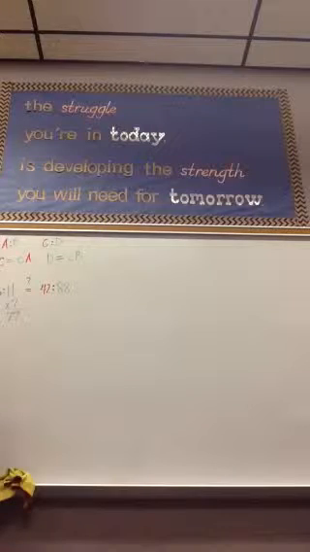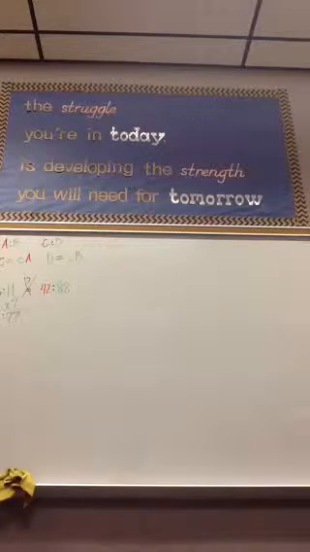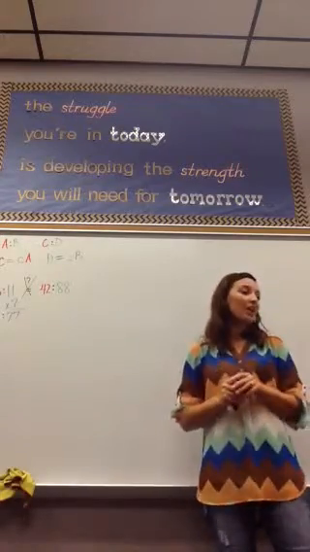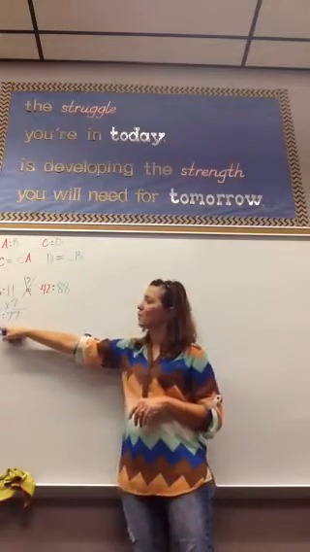So now we have created an equivalent ratio. Now, we need to know if these two ratios are equivalent. Do they match? 42 matches, but 77 and 88 do not match. So 6 to 11 is not equivalent to 42 to 88. They are not equal. So on your classwork, click no, they are not equal. And then what is an equivalent ratio to 6 to 11? Well, that's what we've created here.